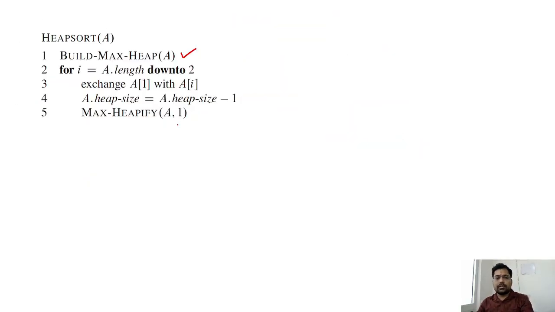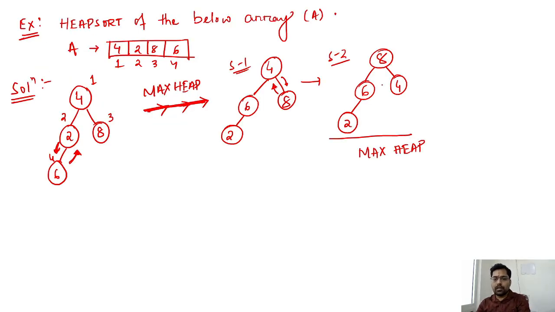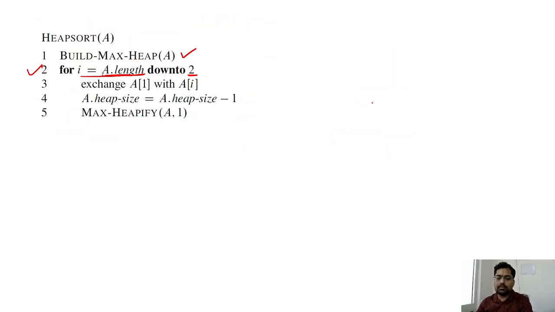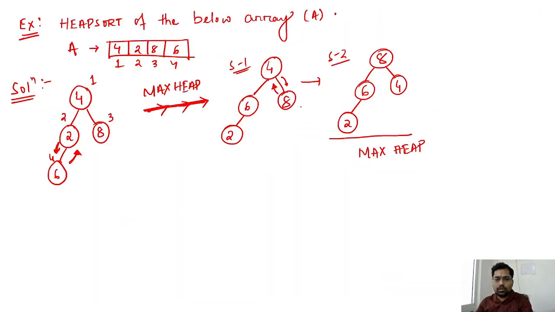Next, what it says is, for i equal to the array length down to 2. So the array length here is 1, 2, 3, 4.